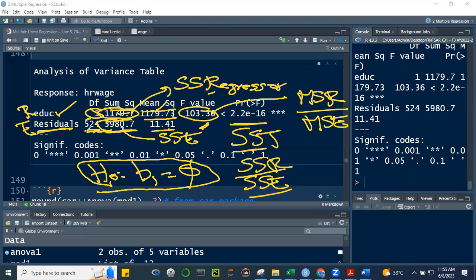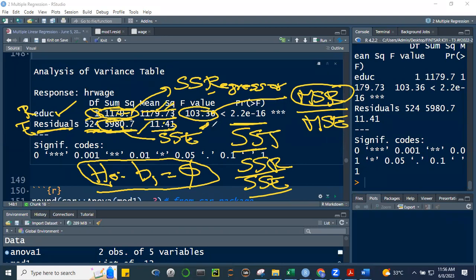If you divide that, you get MSE. And then our F value will simply be your MSR divided by your MSE. When we divide, we get the F value.